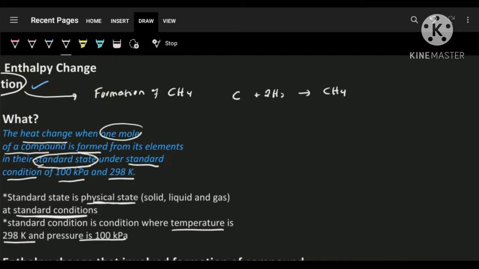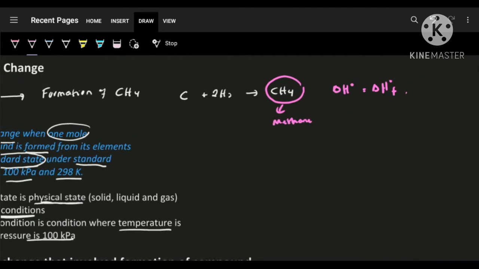If we look at this chemical reaction, it forms only one product, which is methane. So the standard enthalpy change is called the standard enthalpy change of formation for methane.